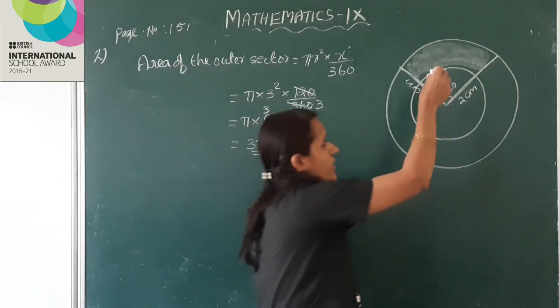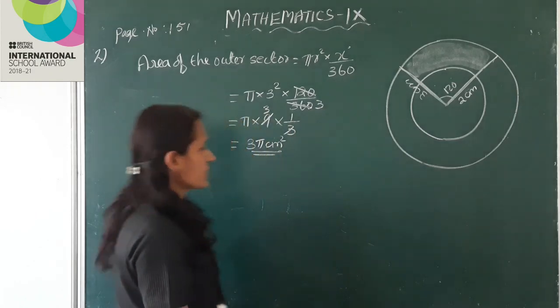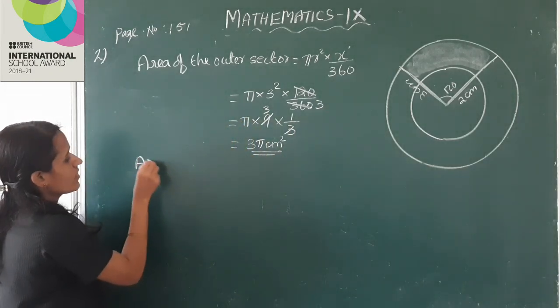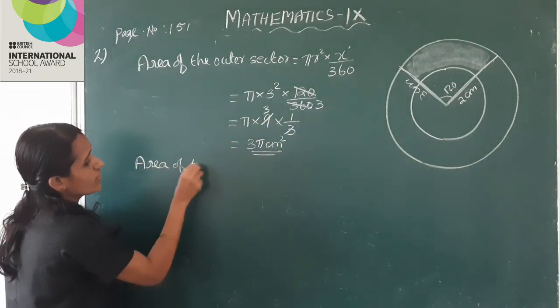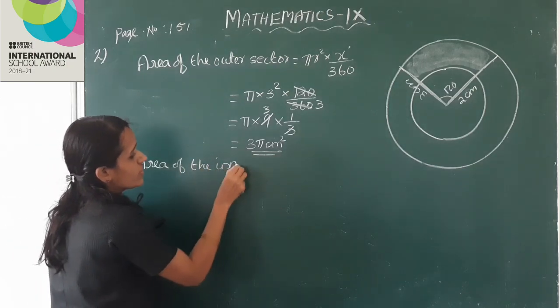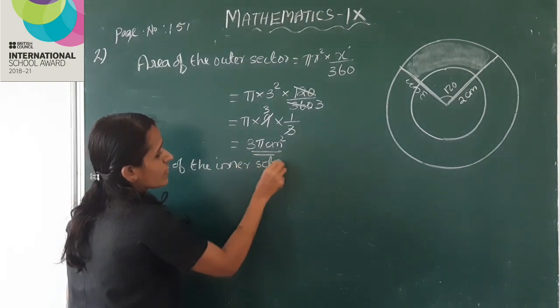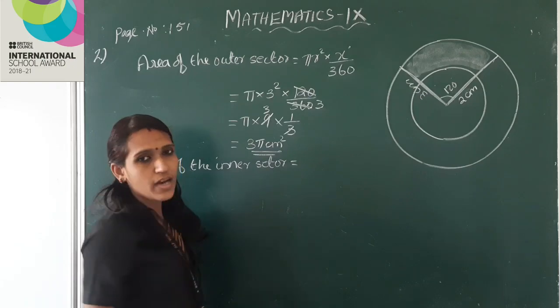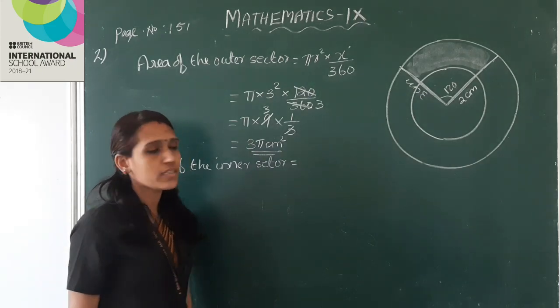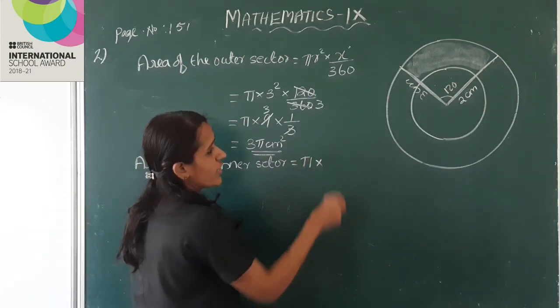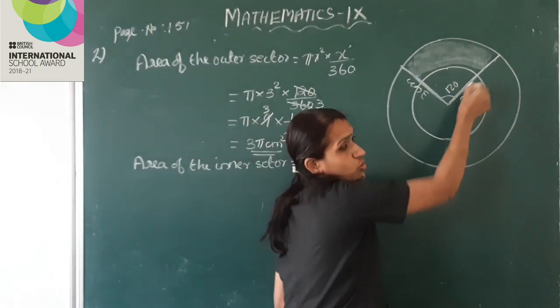Next we have to find the area of the inner sector. Area of the inner sector is equal to pi r square into x by 360 degree. Pi into, here r is what? 2 centimeter.